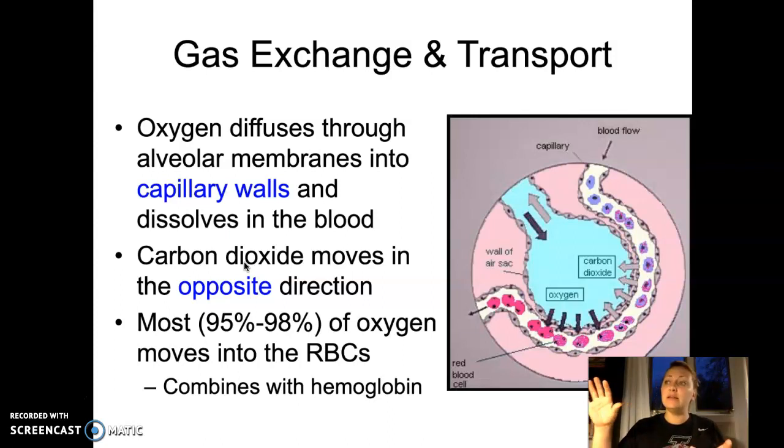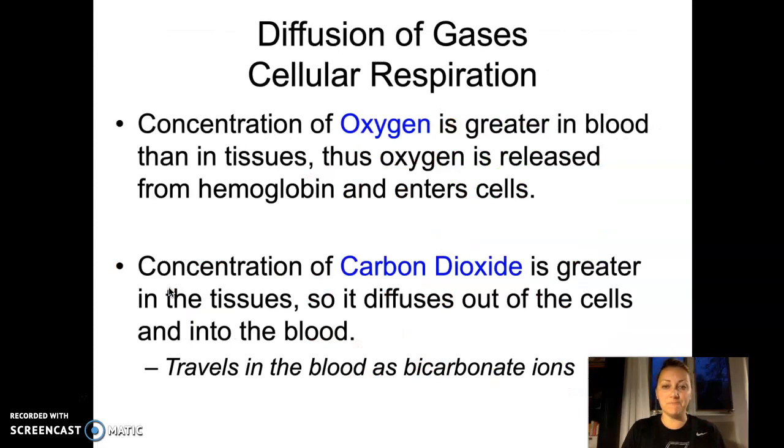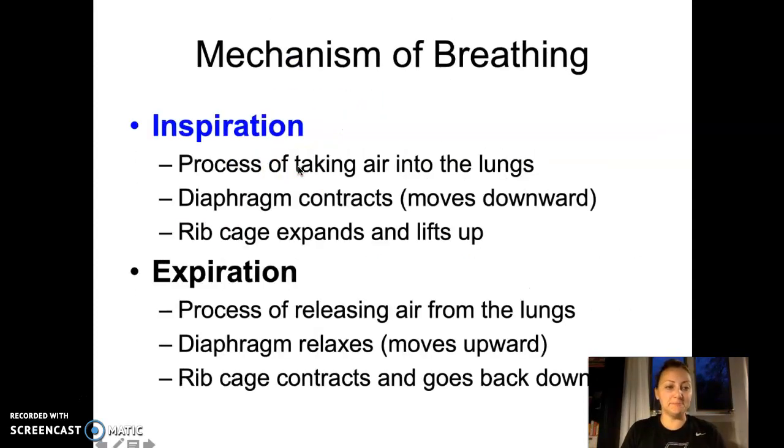And so then the carbon dioxide is going to move down its concentration gradient, right, through the process of diffusion onto the red blood cell. And so hemoglobin is the molecule that'll be all over the red blood cells. It reacts with the oxygen to hold it onto the blood cell. This is what I was just saying with the concentrations. So you can pause that and read that, but it's what I was just saying.